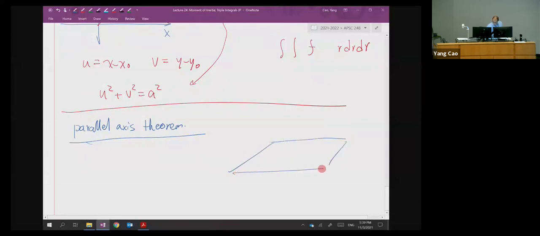Okay. So what the parallel axis theorem says is this: suppose you have a thin region R here, and it has a center of mass at this location, for example. So this location is CM, or center of mass.